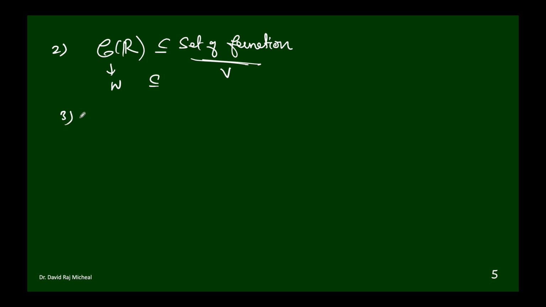The third example: consider all the polynomials of degree less than or equal to n, which is completely contained in C of R, which in turn is contained in the set of all functions.